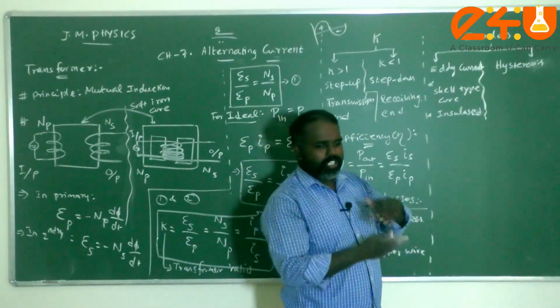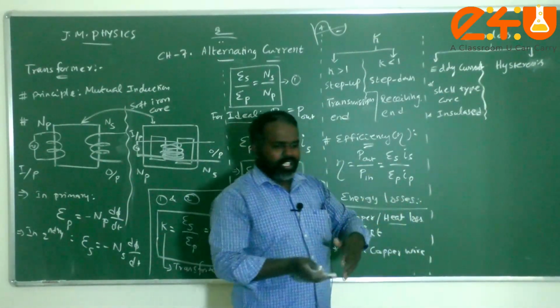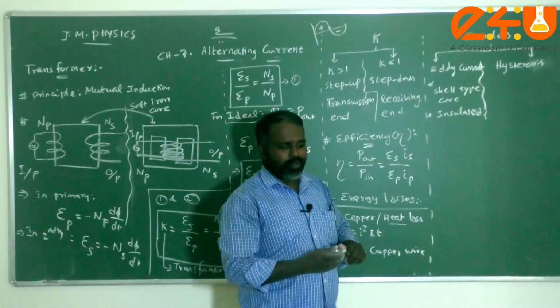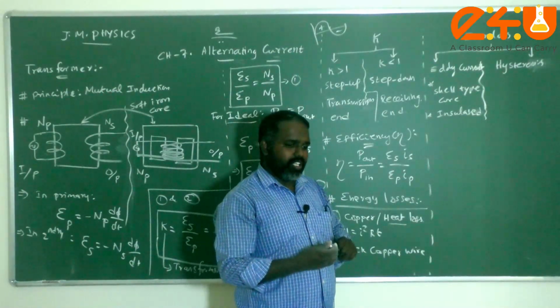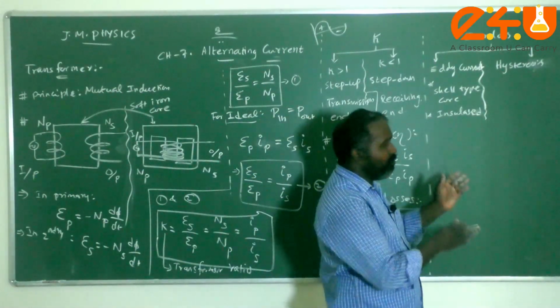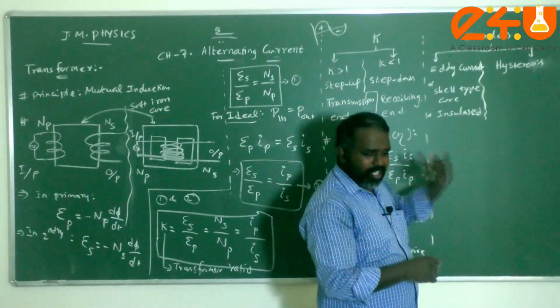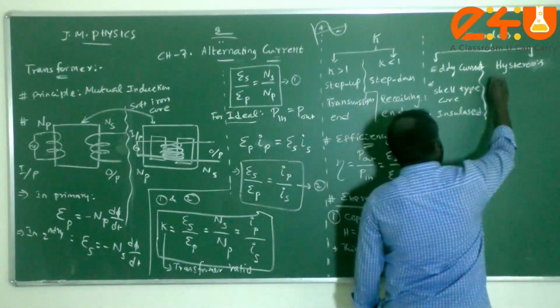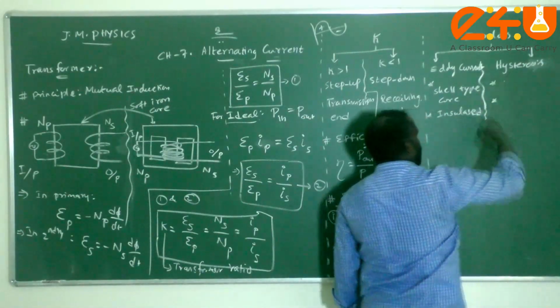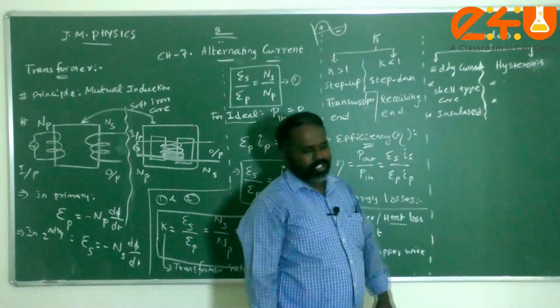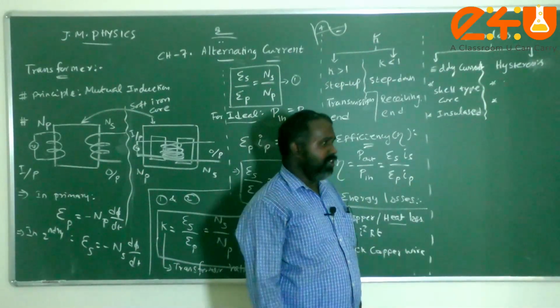Due to that, whenever dipoles are turned, what is the energy formula, children? The potential energy U is equal to minus mB cos theta. So according to that, there will be energy loss due to the magnetizing and demagnetizing of the core of the transformer. How to reduce that energy loss? We know what the hysteresis curve is; that was discussed in the magnetism chapter, please refer to the video.